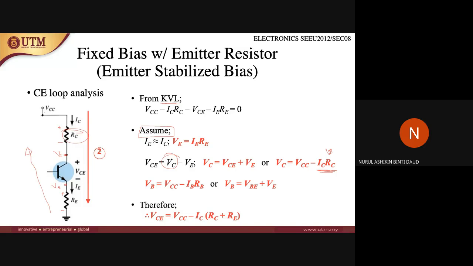So to find VC, you can use the value of VE plus VCE, or you can use VCC minus the potential drop here. There are two ways; decide based on what information you have.